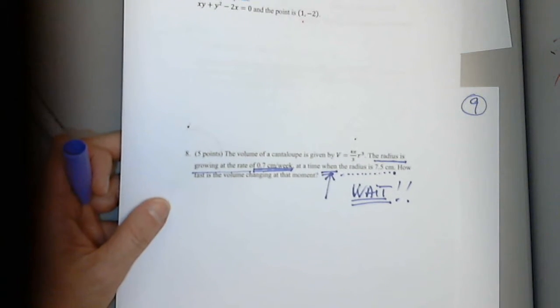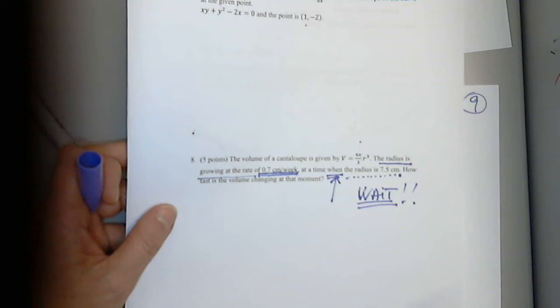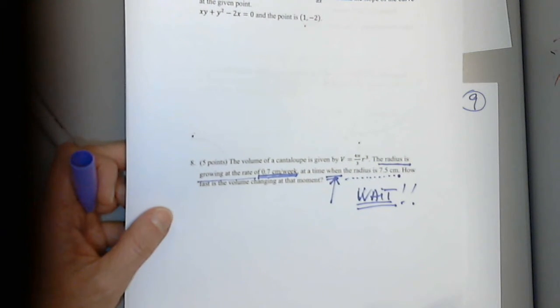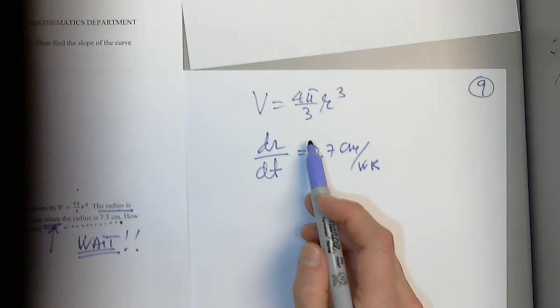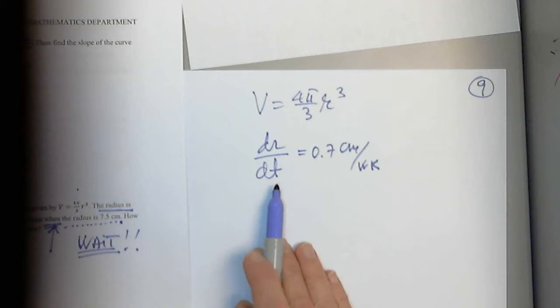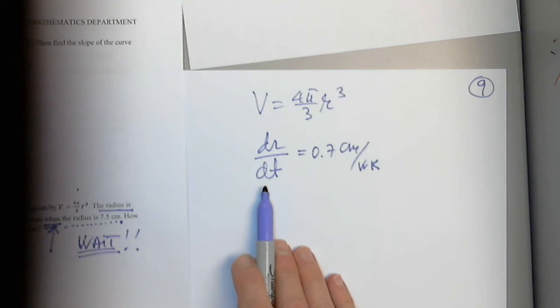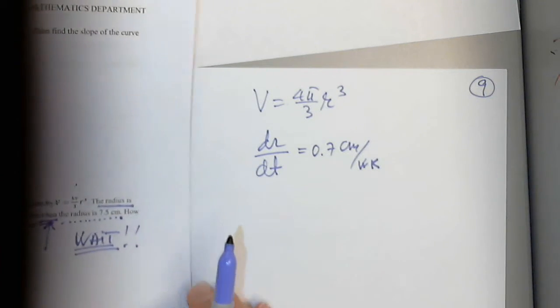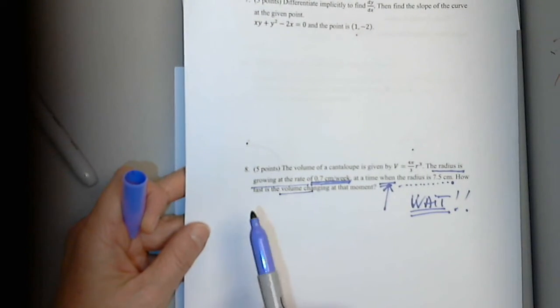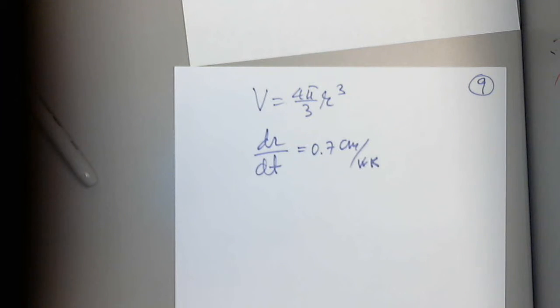That's an instant, a particular moment, right? So we have the volume. We are given the rate of change of the radius. And the question is, how fast is the volume changing at that moment? So what do I have to do?